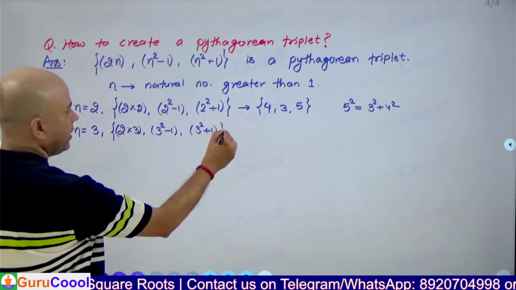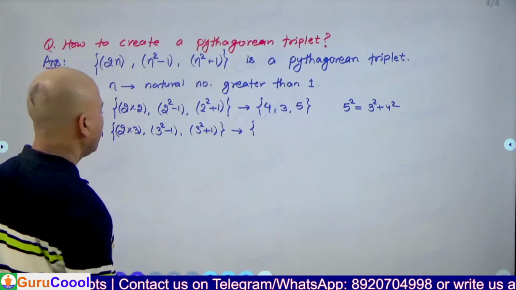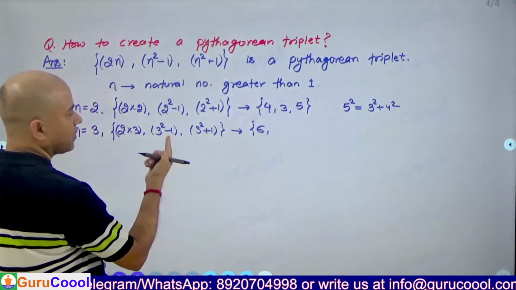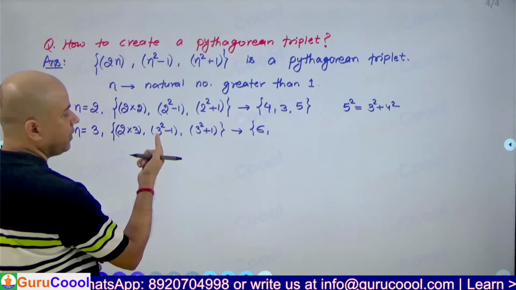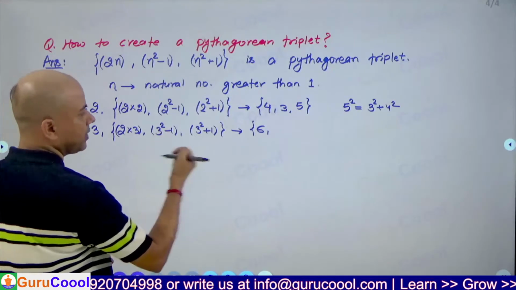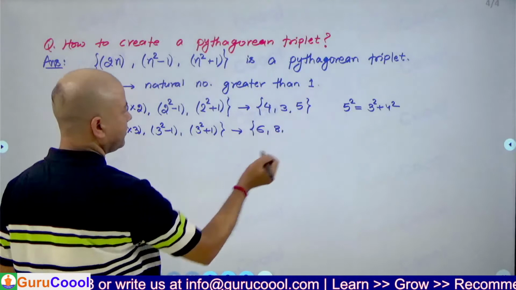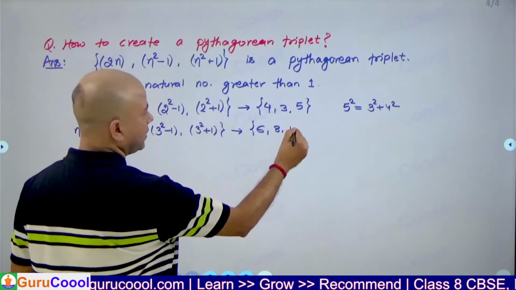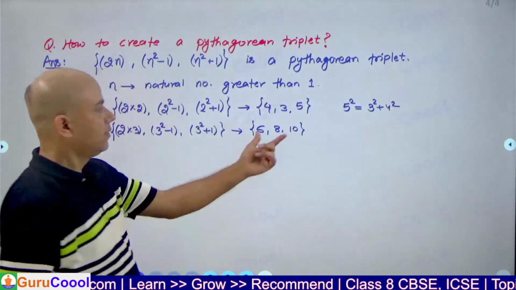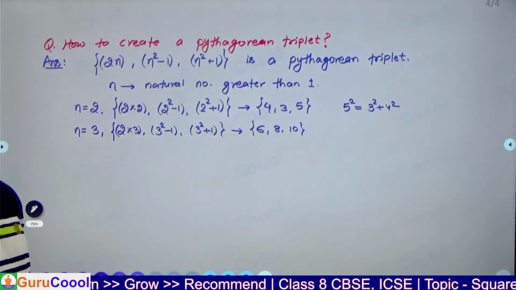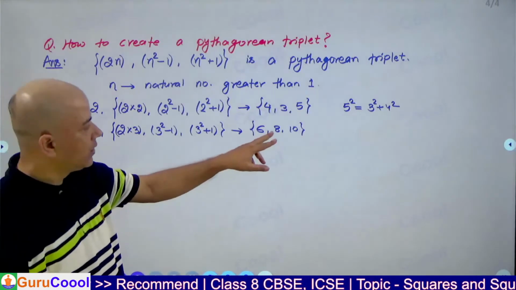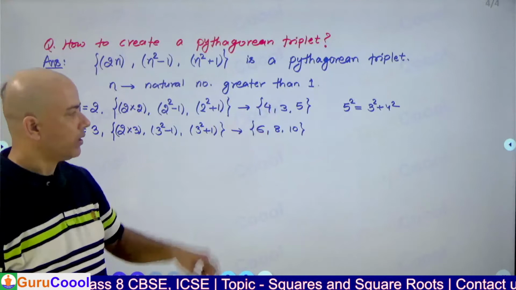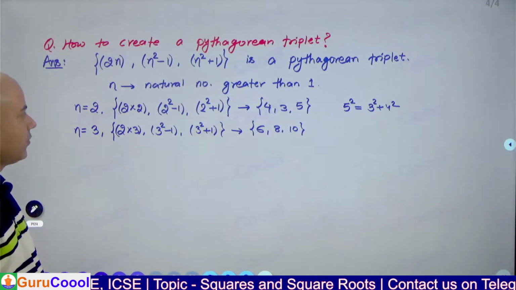Let us simplify. 2 times 3 is 6. 3 square minus 1 means 9 minus 1, 8. 3 square plus 1 means 9 plus 1, 10. This is another one. And notice that it is actually twice the previous one. 2 times the previous one is this one, right?